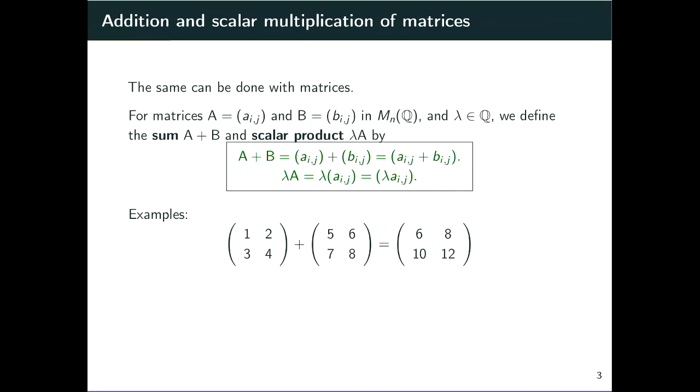They need to be exactly the same shape. And if you want to take a scalar product of lambda with a matrix, so 5 times this matrix here, then we just multiply each entry by 5. So 5 times 1, 5 times 2, 5 times 3, and 5 times 4. Nothing too tricky.